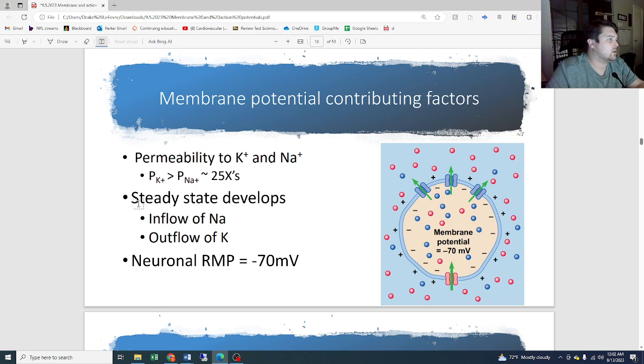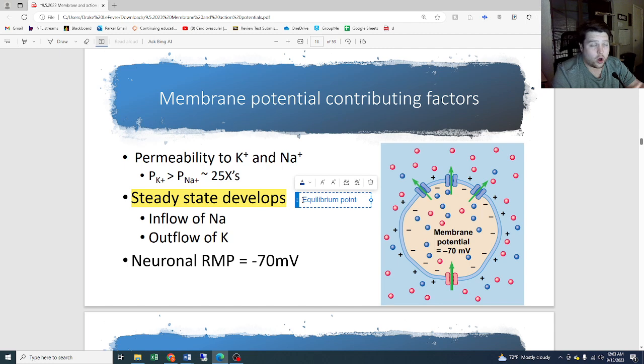So we have something that's called a steady state that develops. This is what you could almost call an equilibrium point, where we get a steady, very specific rate of sodium flowing in and potassium flowing out, along with the activation and the use of that sodium-potassium ATPase.